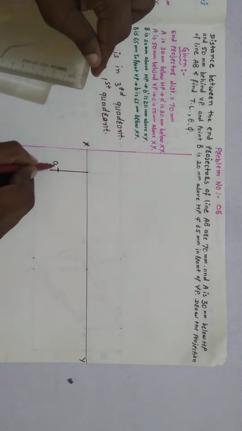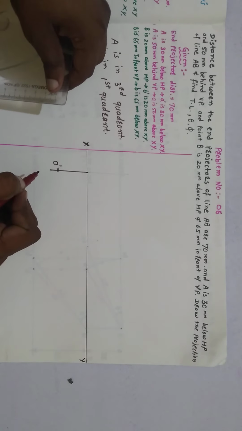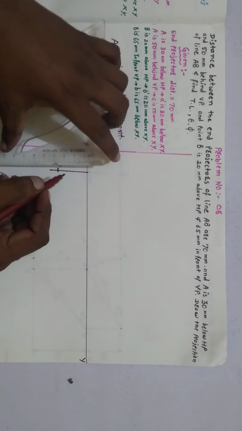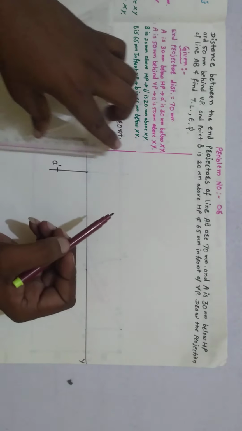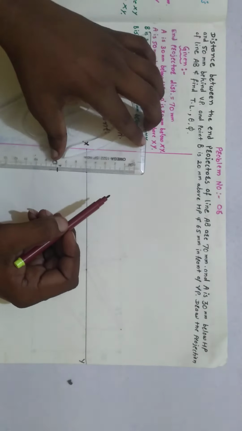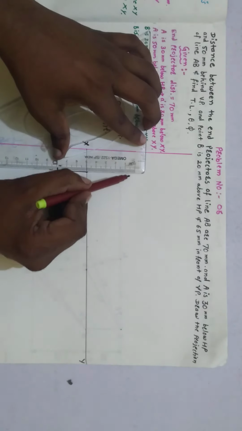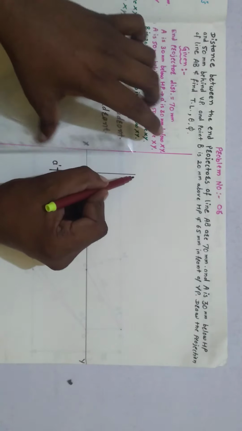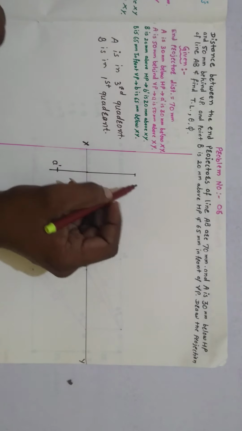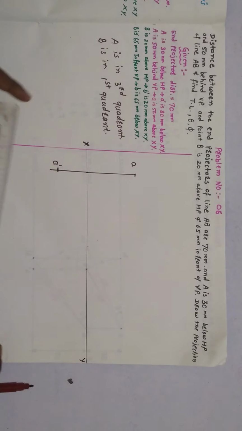Here is the location of A dash. Now the location of point A is 50 mm above the XY line.